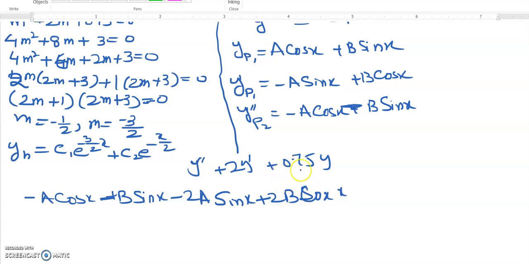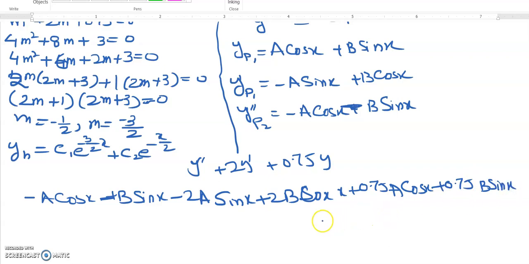And then the value of yp multiplied by 0.75, so it will be 0.75a cosine x plus 0.75b sine x.